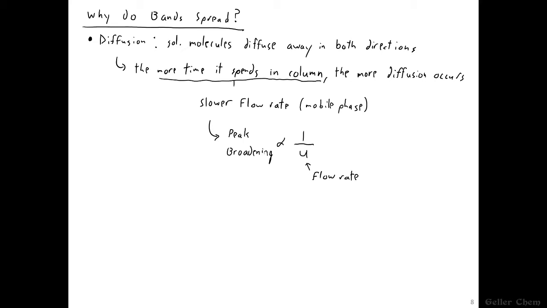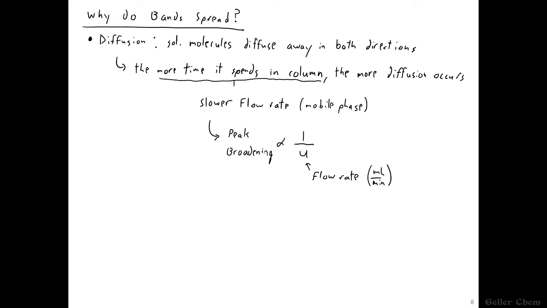Typically, we will see units of milliliters per minute. Don't worry so much about that. Just understand the concept of a flow rate. The faster this is, the faster that we move solutes through a column, the smaller the broadening, the less time those solutes have to diffuse away from each other. So that's one of our three major reasons for bands spreading out.